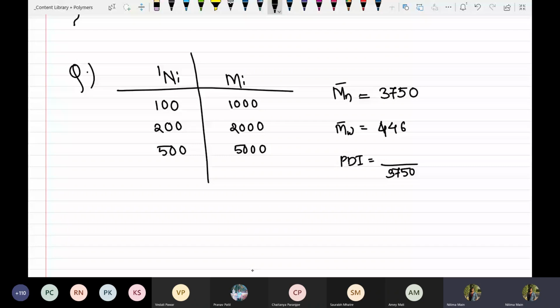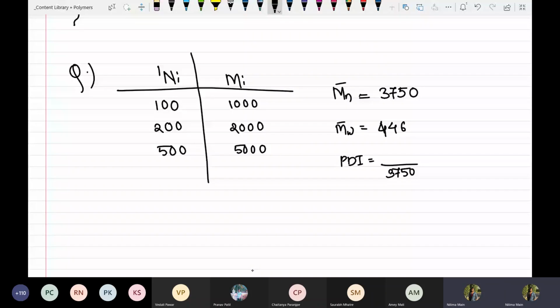300 को कितना बोला, मैम? 300 को 10,000. 5,350. Yes, number average is correct, 5,350.